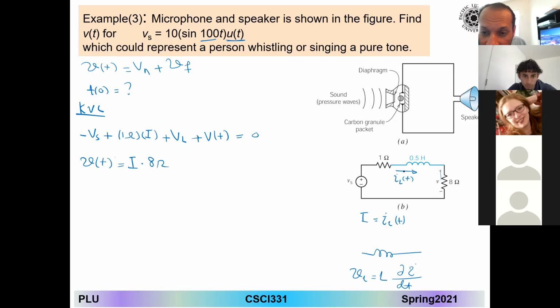I have the current here, IL, which is the same current through the 8, and the voltage here, V of t, is the volts across the 8 ohms only. Ohm's law: current and resistance. Right? We can simplify it as I equals V of t divided by 8.